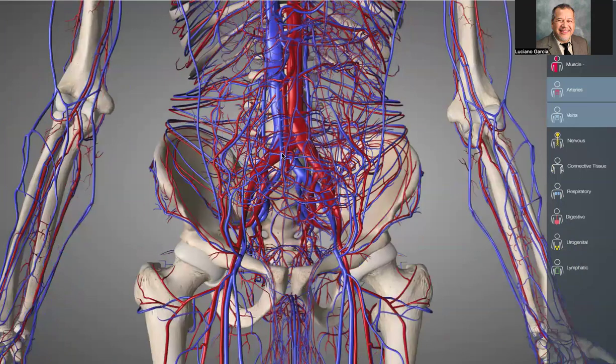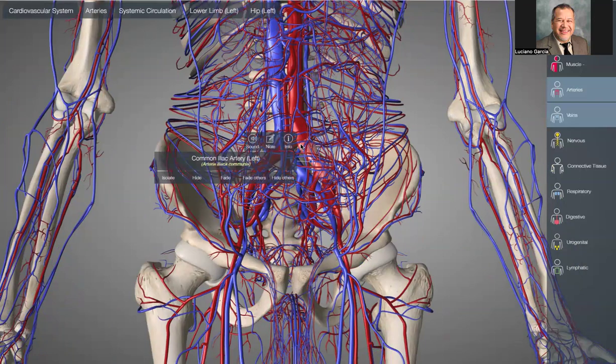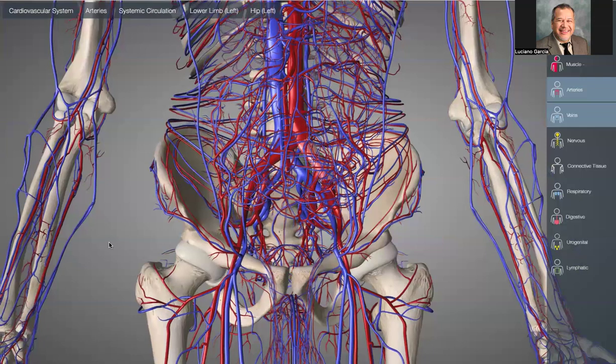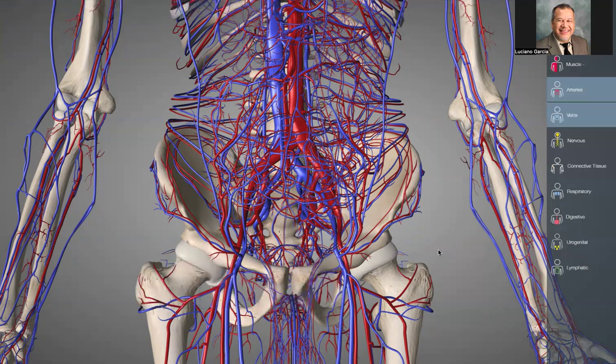Then it's going to come to the L3, L4 area, and it's going to split into the common iliac artery, left. And if there's a left, you must have a right. And it comes down and changes names right here into the femoral artery, right and left femoral artery.